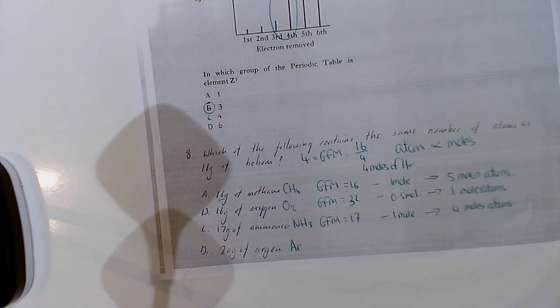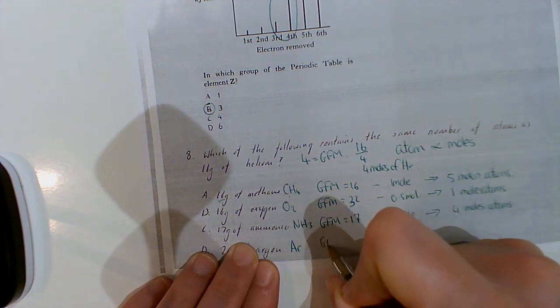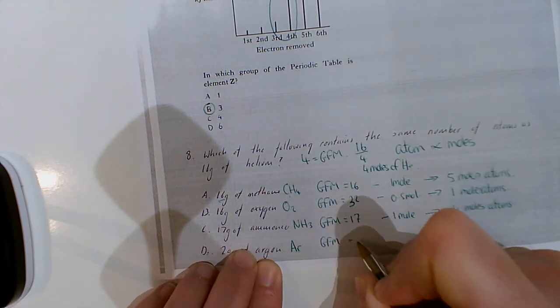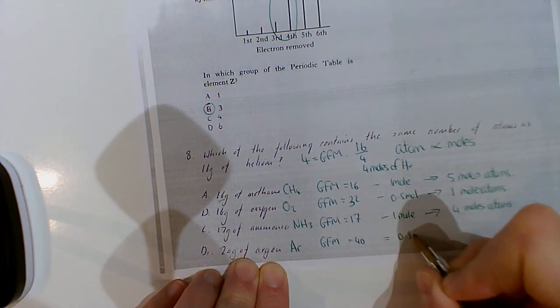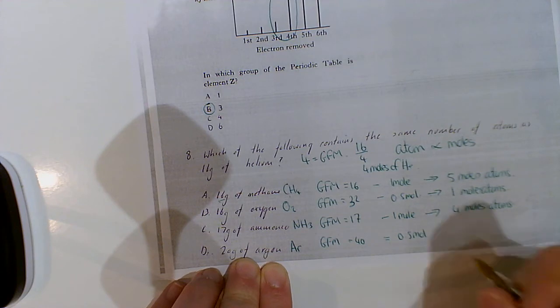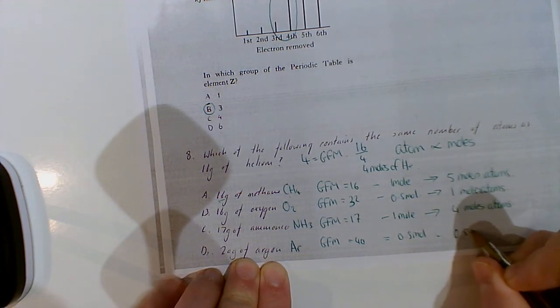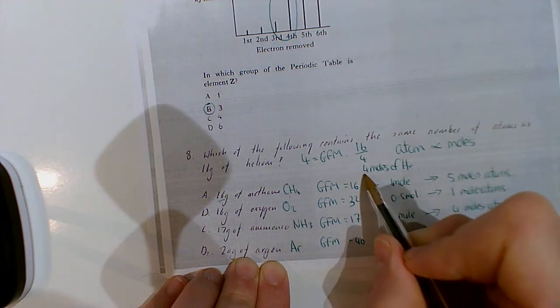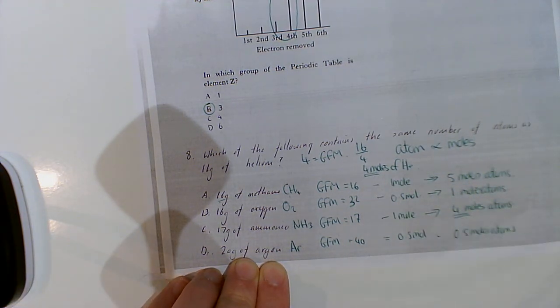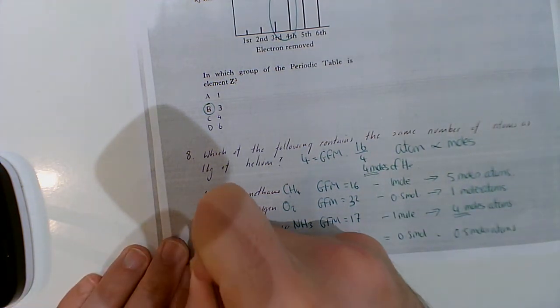Argon, oh, it's 40. So the GFM, well, 39.9 is 40. So we've got approximately 0.5 moles, and there's only one atom in each argon, so that's 0.5 moles of atoms. So we had 4 moles of helium, 4 moles of atoms in ammonia. So our answer was C to that one.